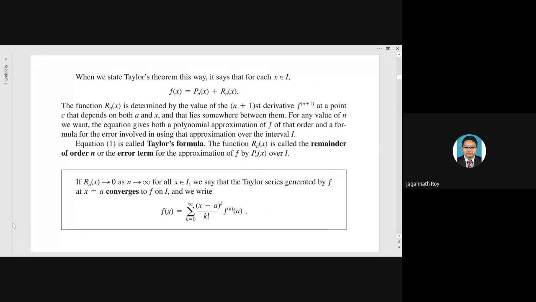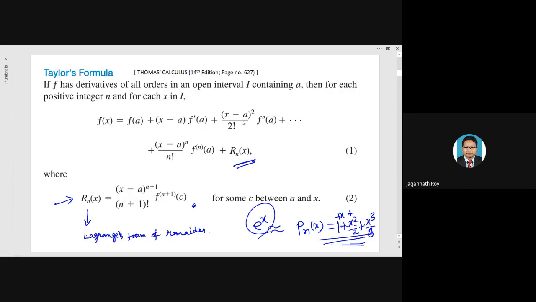Now, as you know, given a function, this remainder form Rn(x), what would be the error? If x minus this is Pn(x), so that is the error term. In fact, one of the variables, either x or c, is unknown to us, so we don't know it.